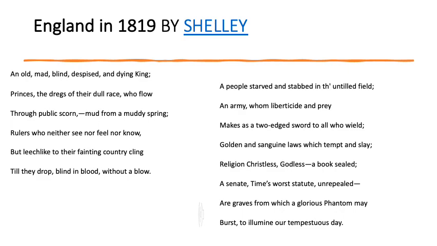In the latter poem, England in 1819, you have a description of England during the reign of King George III. He is described as an old, mad, blind, despised, and dying king. And there's nothing right about the nobility. They are compared to insensible leeches that drain the country dry, and the people are oppressed, hungry, and hopeless.